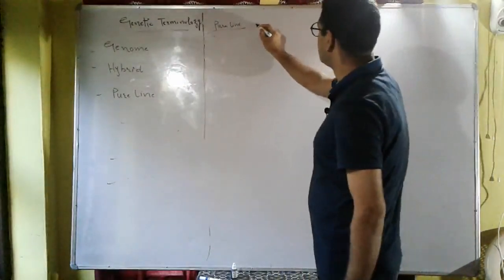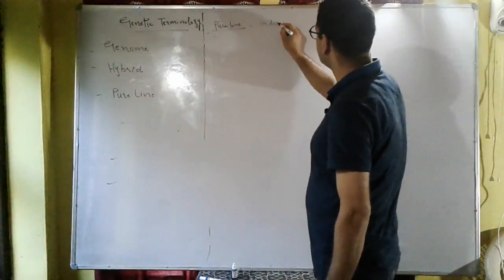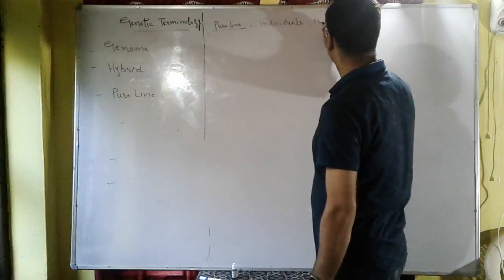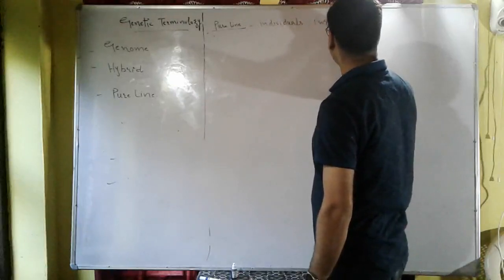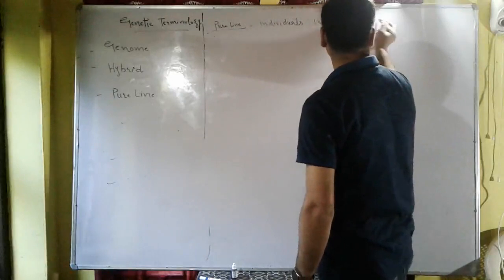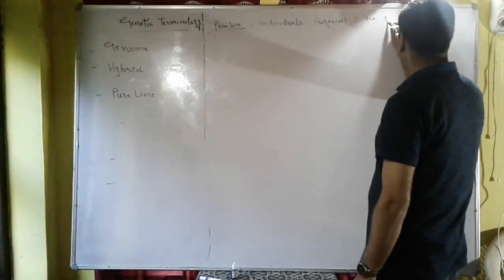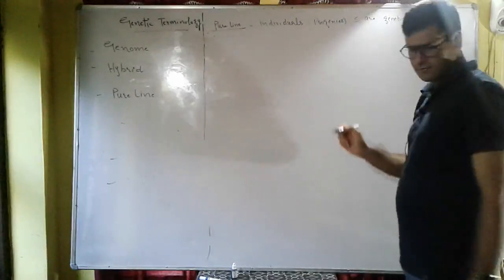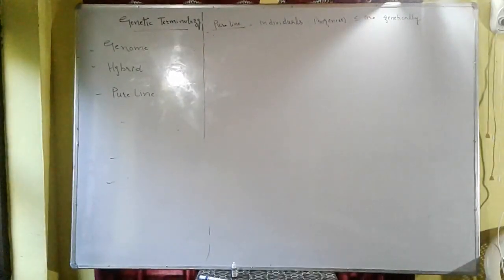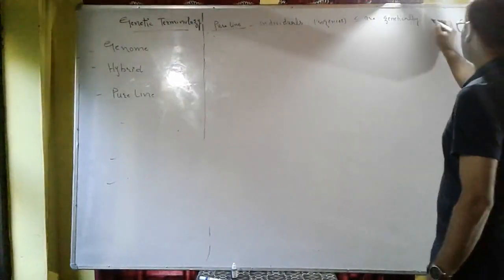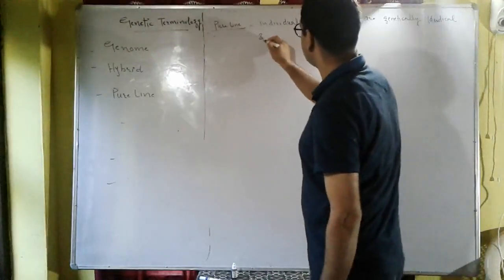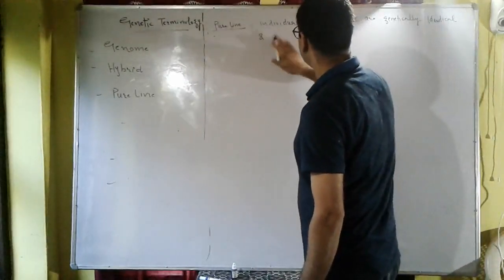Pure lines are individuals, progenies, which are genetically identical and breed true for a trait.